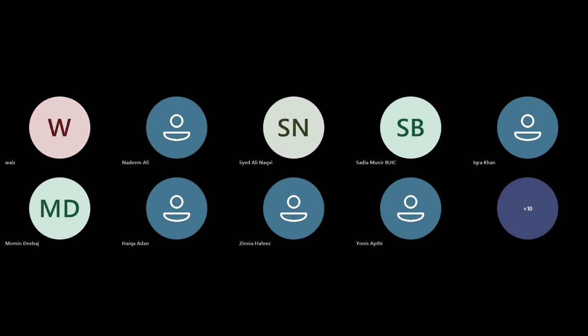Secondly, let's move to understanding job requirements. We should carefully read the job advertisement and understand the responsibilities of the job, the required skills, and the qualifications that are needed.